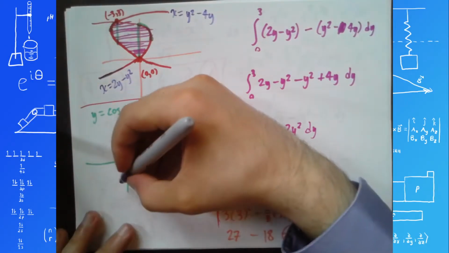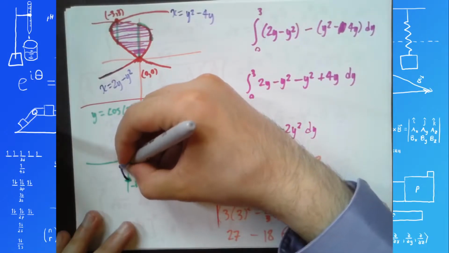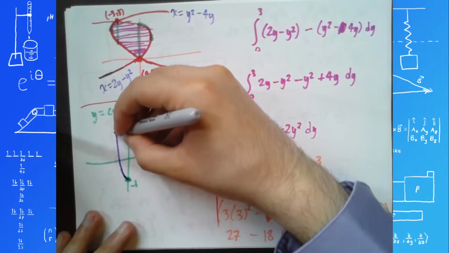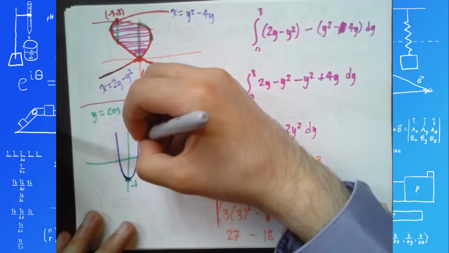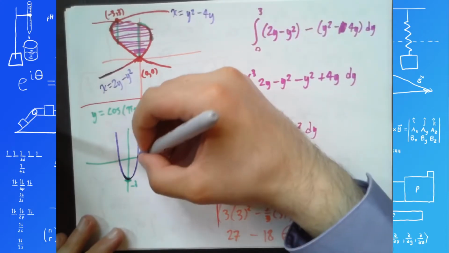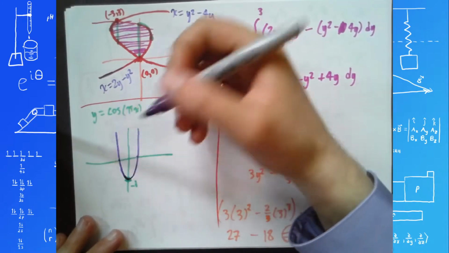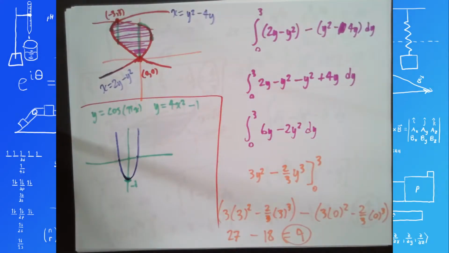And let me draw it in a different color. Okay, so something like that. And I guess we'll see whether or not I actually want to solve for those intersection points. What about cosine of pi x?